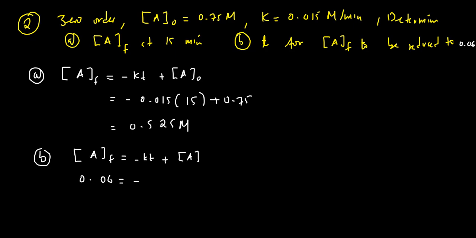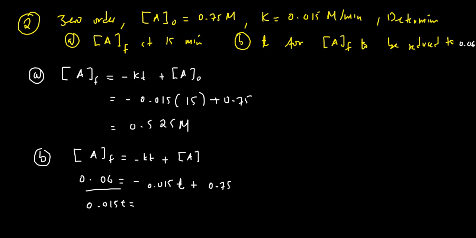So 0.06 will be equal to negative k, remember k is 0.015, times the time which we want, plus the initial concentration, 0.75. What I'm going to do is take this to the other side of the equation to become positive 0.015t.